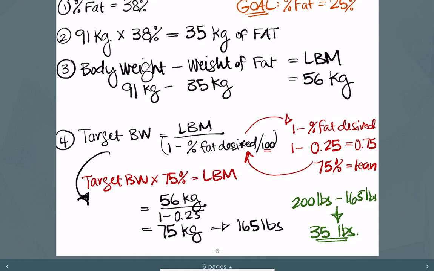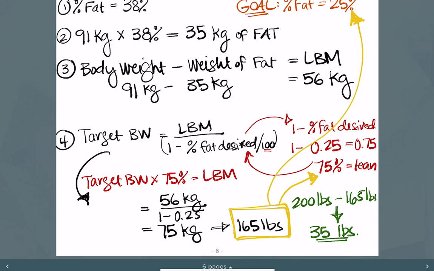So the ultimate goal, if she's successful with this, is when she's finished, she will weigh 165 pounds. Of that 165 pounds, 25% of it will be fat, and 75% of it will be lean.